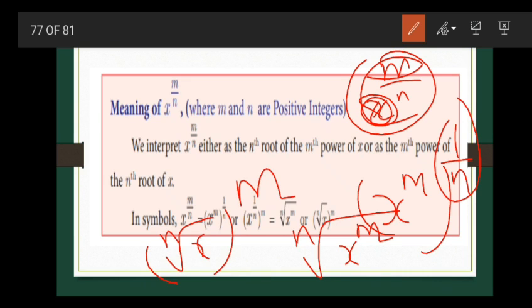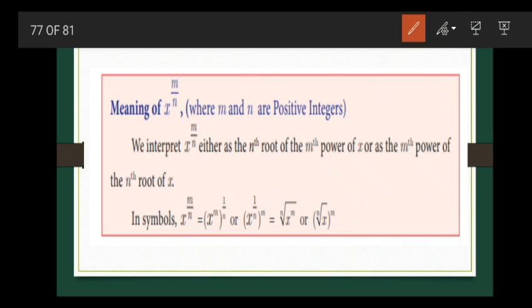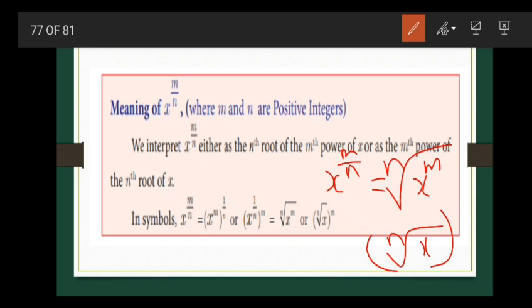m power of nth root of x, which is nth root of mth power of x, or mth power of nth root of x. So x to the power m by n means x power m, then we are taking nth root of x power m, or first we will take nth root of x, then we will power m.